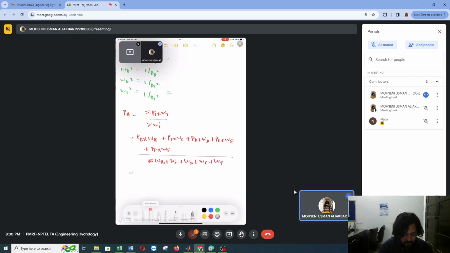Now we know the value of Pb. The value of Pb is 28. So 28 into Wb, which is nothing but 1 upon dB square, so 1 upon 156.75, plus PC is known to us, it is 35, and WC is 1 upon DC square, so 1 upon 100, plus 41 into WD, which means 1 upon DD square.